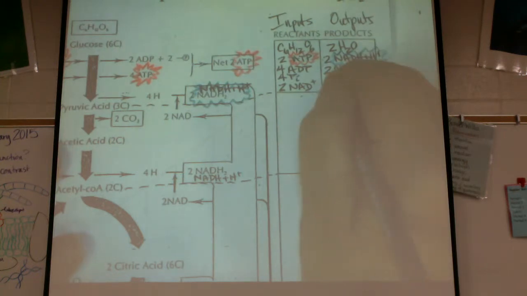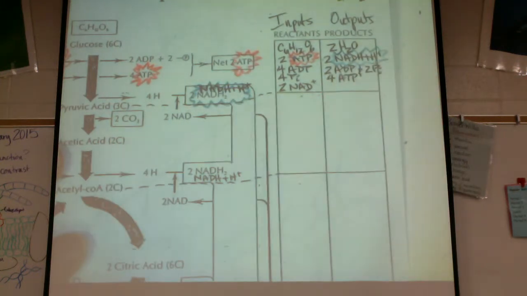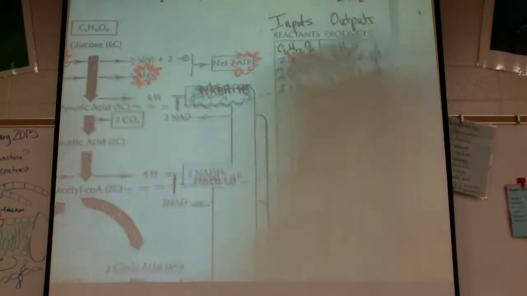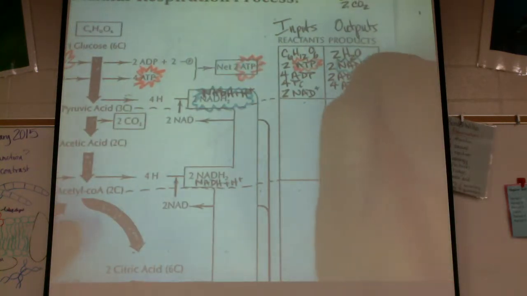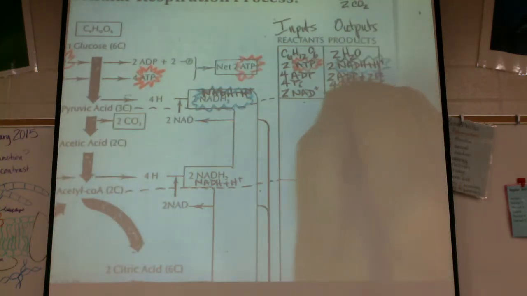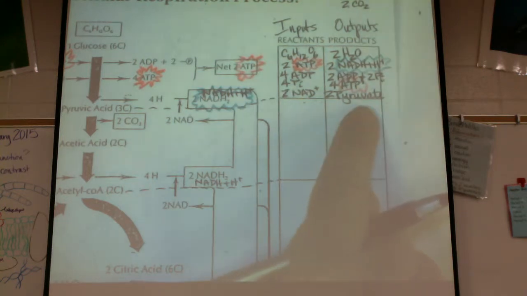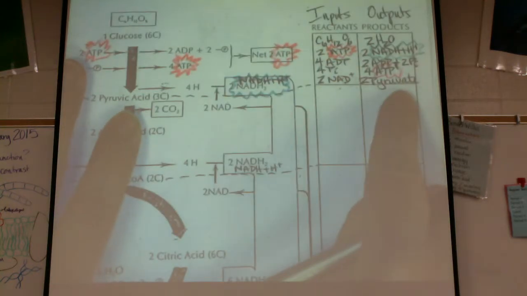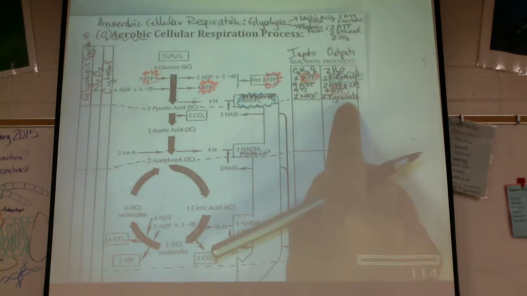And then you're going to get 4 ATPs, okay? And then last but not least, the big goal on this one, is that you're going to get 2 pyruvate. And remember, pyruvate is the same thing as pyruvic acid. It's just 2 words for the exact same thing, okay?